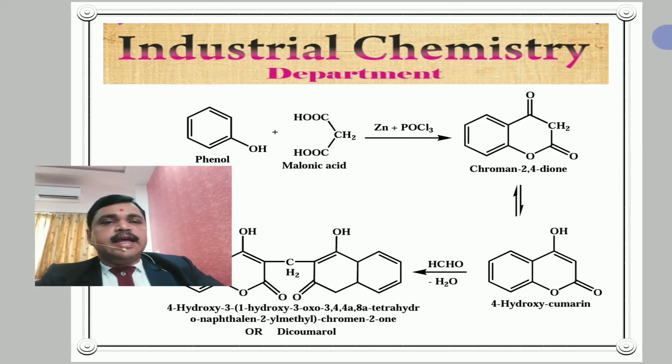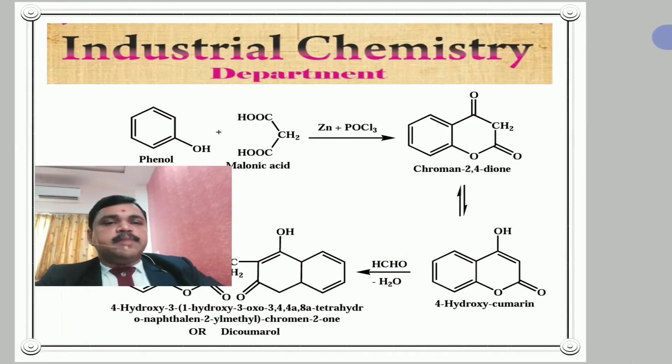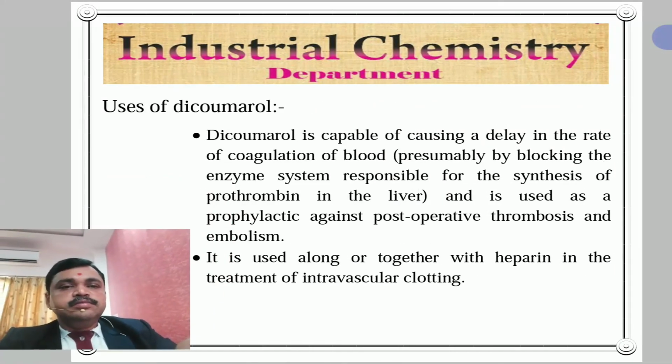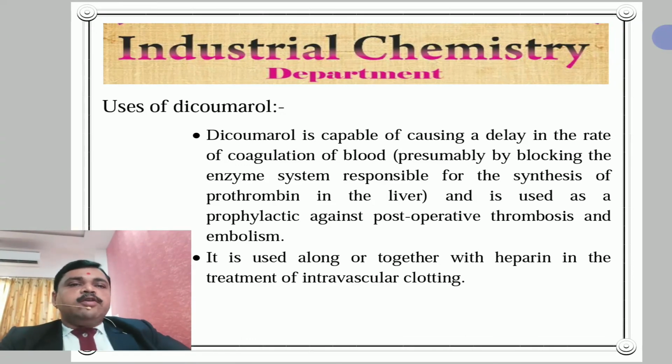Now, the medicinal application of dicuman or dicumarol. Dicumarol is capable of causing a delay in the rate of coagulation of blood. That is a very important point. It delays the coagulation of blood, presumably by blocking the enzyme system responsible for the synthesis of prothrombin in the liver.